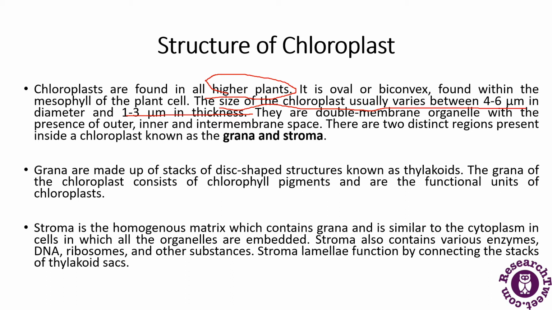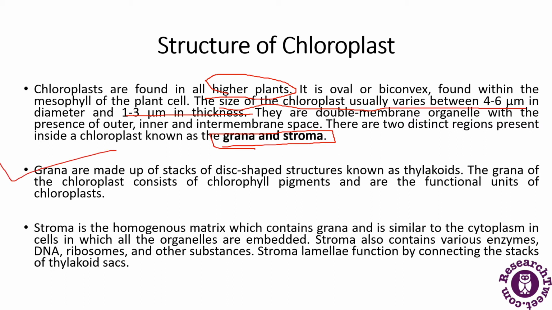They are double membrane organelles, so they have the inner membrane and the outer membrane, and the space between them is the intermembrane space. There are two distinct regions present inside the chloroplast, the grana and the stroma, as labeled in the diagram shown in the previous slide.